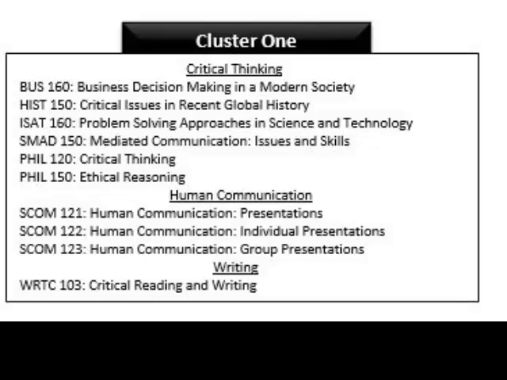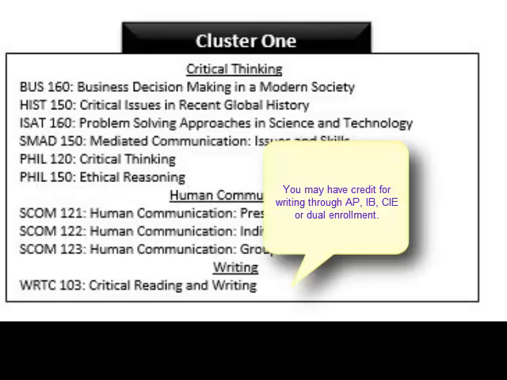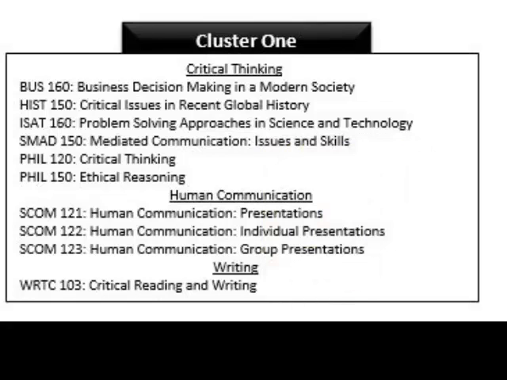The writing area of Cluster 1 is where many students arrive with credit through AP, IB, CIE exams, or a dual enrollment course. To see if your exam score was high enough to earn credit for this course, refer to Module 3. If you took a dual enrollment course in high school and passed the course with a C or higher, you have credit for this requirement.